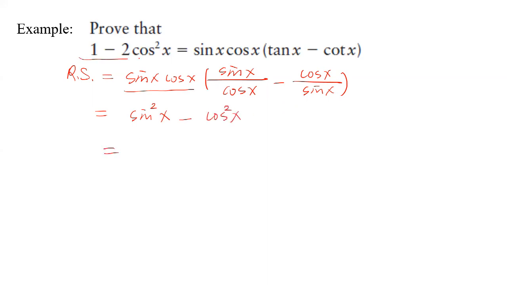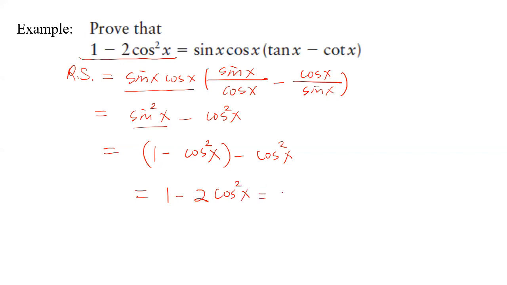And note that on the left side, there is no sine x. So we can convert sine x squared to 1 minus cosine x squared according to the Pythagorean identity, right? And this is 1 minus 2 cosine x squared, which is exactly the left side. So this statement has been proved.